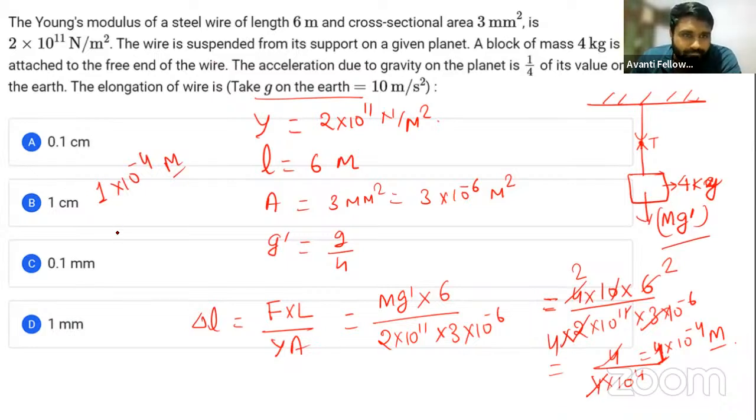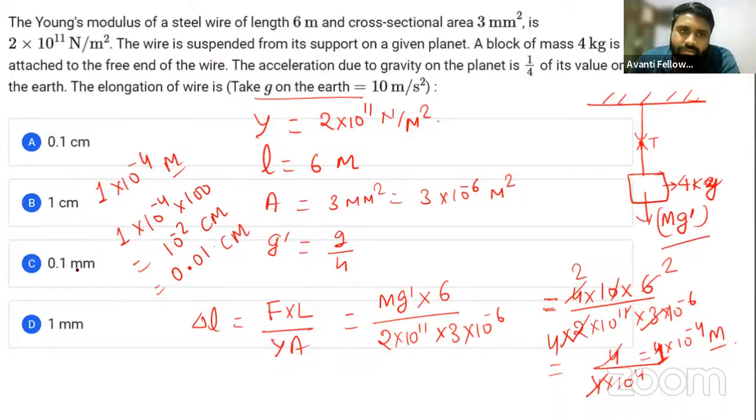Now convert it into centimeter. 1 into 10 raised to the power minus 4 multiplied by 100 will become, in centimeter, 10 raised to the power minus 2 centimeter, which is 0.01 centimeter.